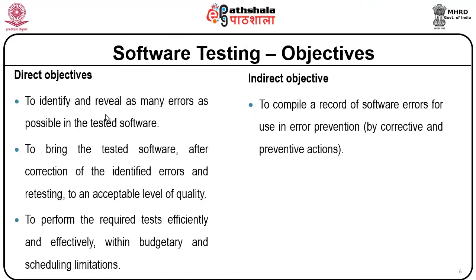Objectives of software testing: direct objectives are to identify and reveal as many errors as possible in the tested software, to bring the tested software, after correction of the identified errors and retesting, to an acceptable level of quality, and to perform the required tests efficiently and effectively within budgetary and scheduling limitations.